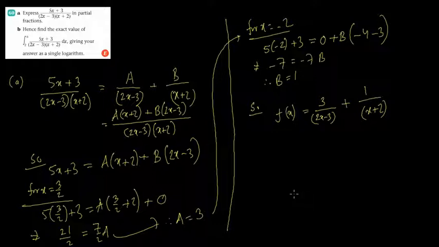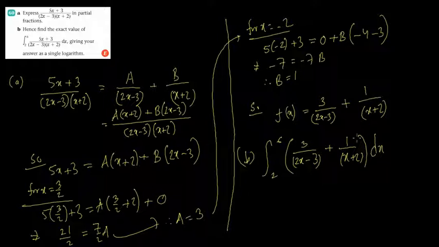Question number b would be doing the same sum using the partial fraction and using the fundamental rule of calculus. So integration from 2 to 6 of this thing, meaning the one that we just broke down. So let me write down the new version, 3 by 2x minus 3 plus 1 by x plus 2 dx.